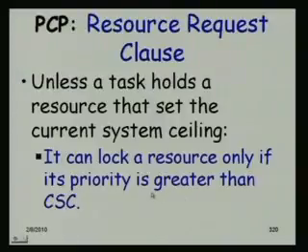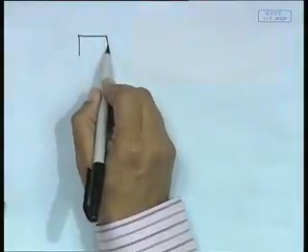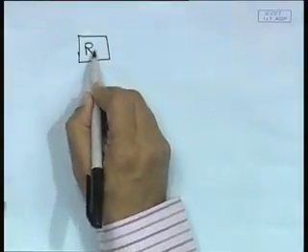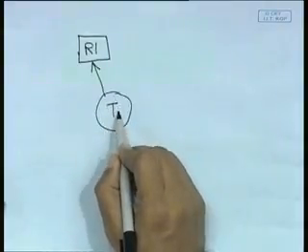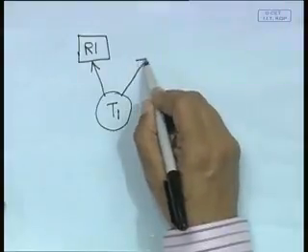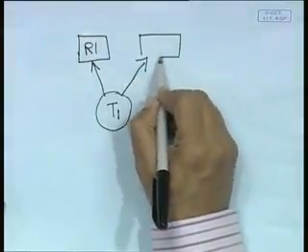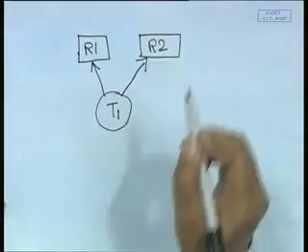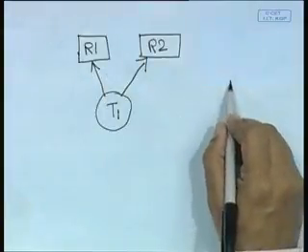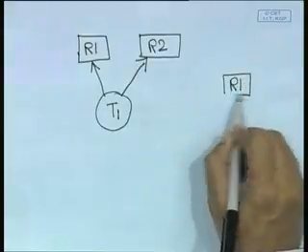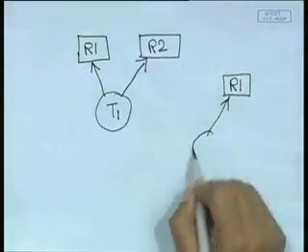So, let us say we have a situation where we have a task T1 which needs two resources R1 and R2, and let us say R1 is also used by T2.